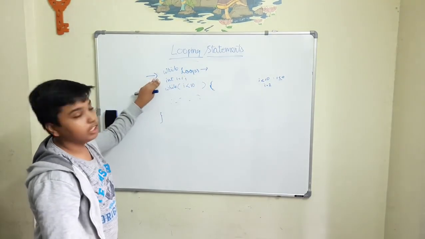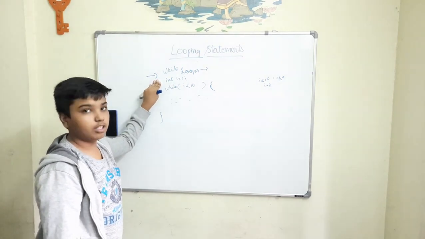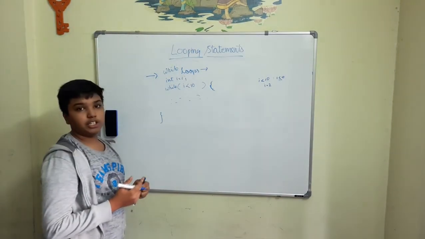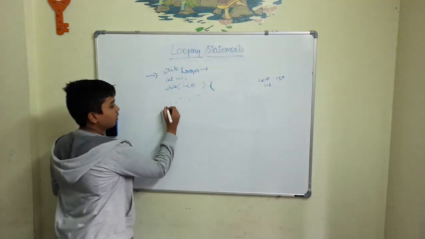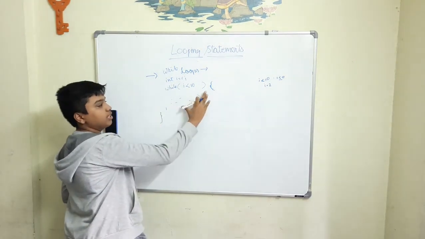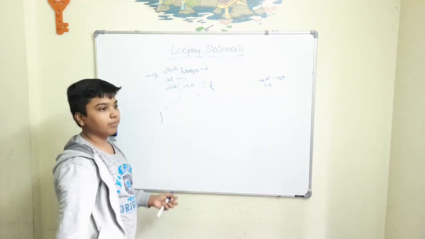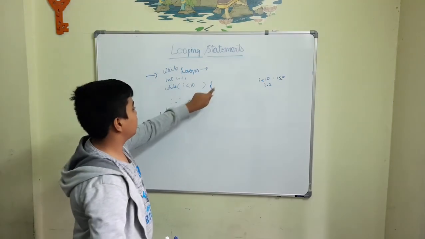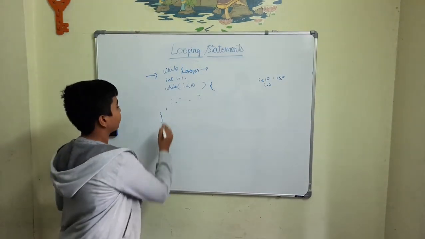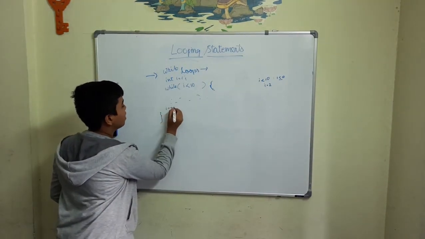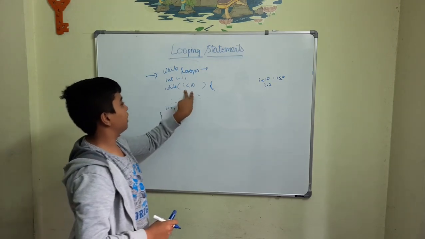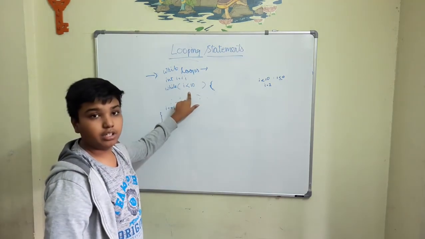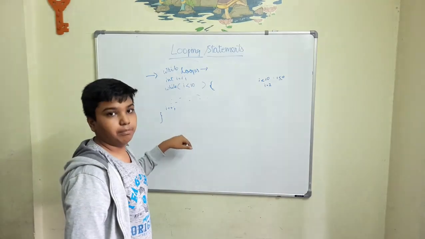This should be outside the loop, and the implementation or decrementation should be inside the code block, inside these braces, I plus plus. So it will accept only the condition, and until this condition is false, it will keep on iterating.